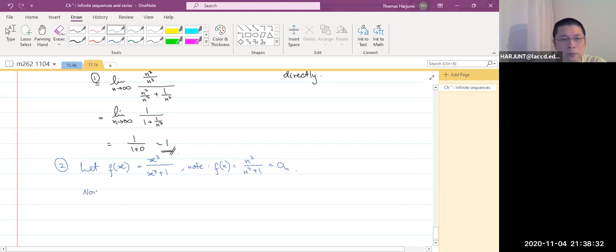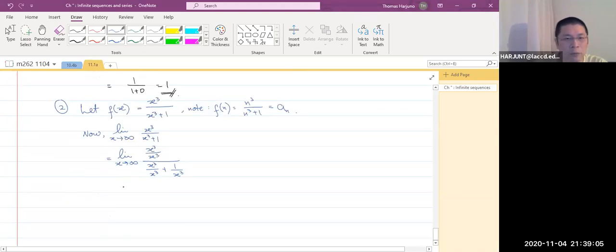Now, consider the limit as x goes to infinity of f(x). Following what we did earlier, I divide by x cubed on the top and the bottom. Actually, the idea of dividing by x cubed was stolen from here, the one I wrote in black in the first place.